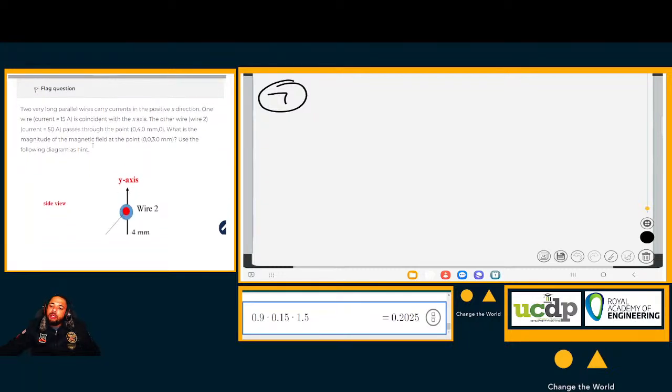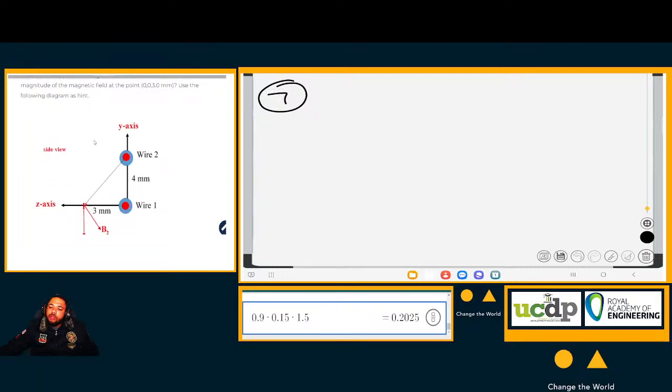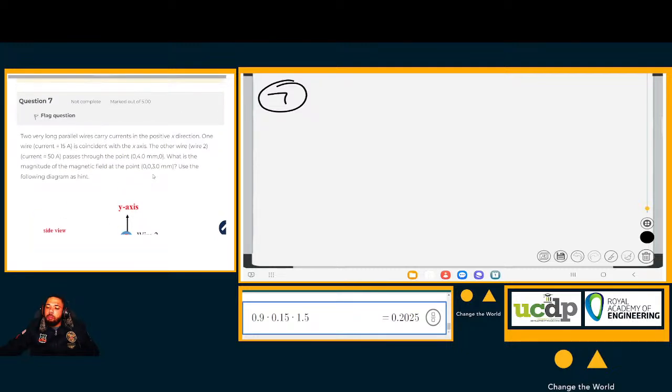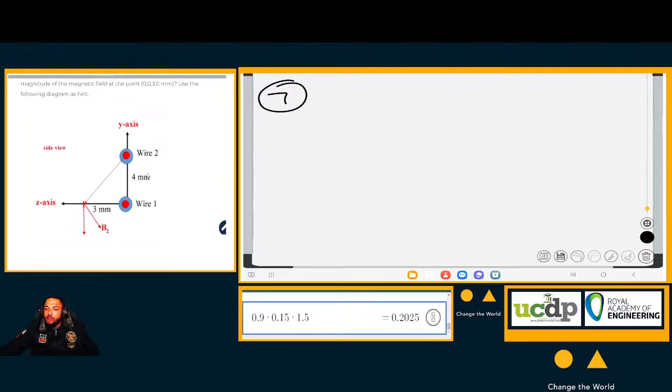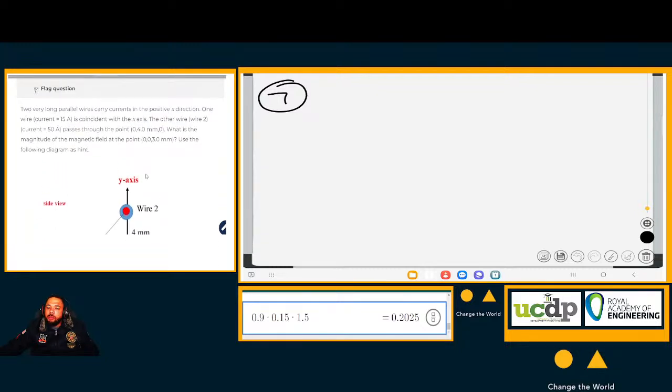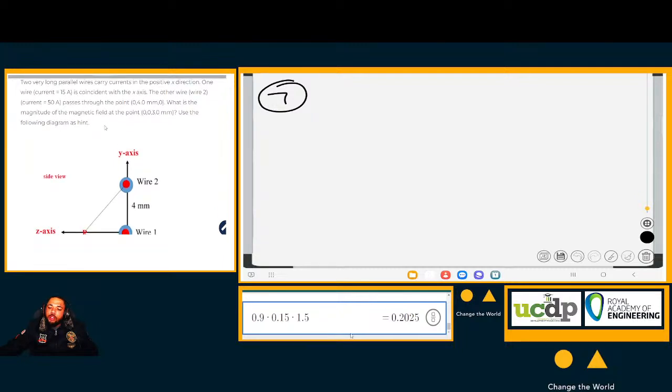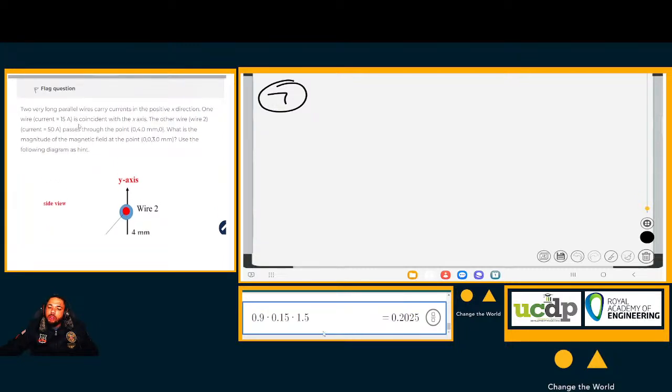They carry currents in the positive x direction. So this is the y-axis, that's the z-axis. The positive x direction goes into the page, and they are parallel to the x-axis. One wire carries a current of 15 amperes, wire number 1, and it's coincident with the axis, so it's lying directly on top of the x-axis.